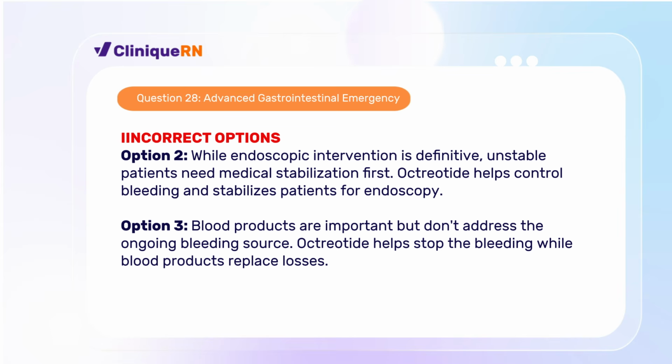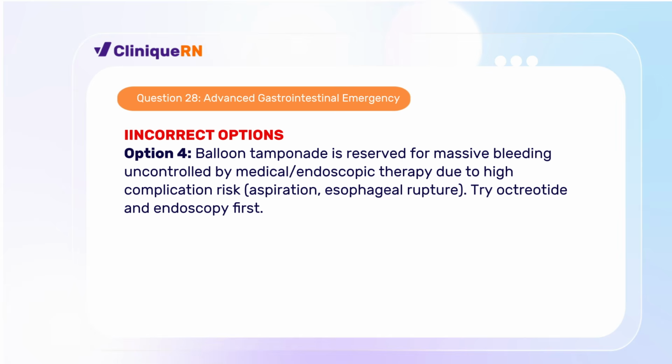Octreotide helps stop the bleeding while blood products replace losses. Option 4. Balloon tamponade is reserved for massive bleeding uncontrolled by medical or endoscopic therapy due to high complication risk, aspiration, esophageal rupture. Try octreotide and endoscopy first.